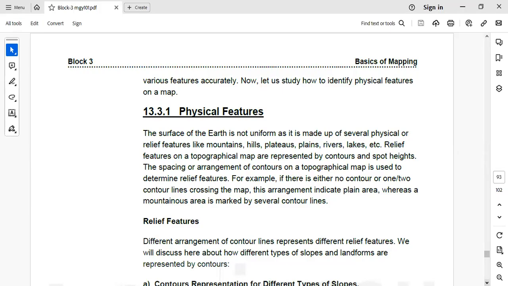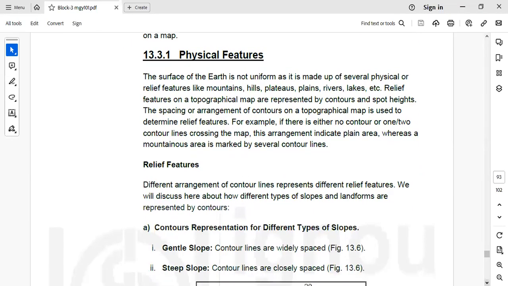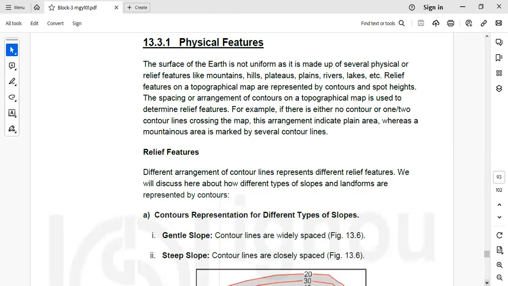So this is very important. Information related to the contours we should keep in our mind while interpreting the relief features in a topographical map.